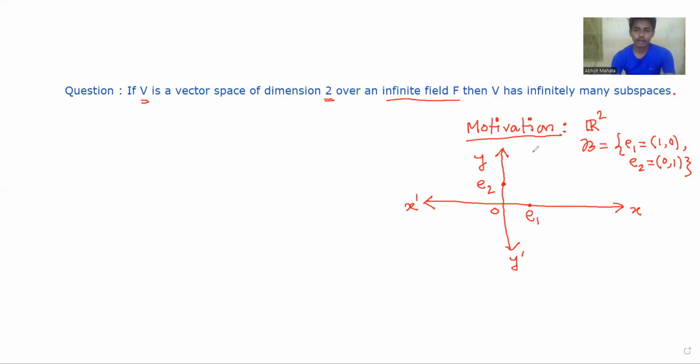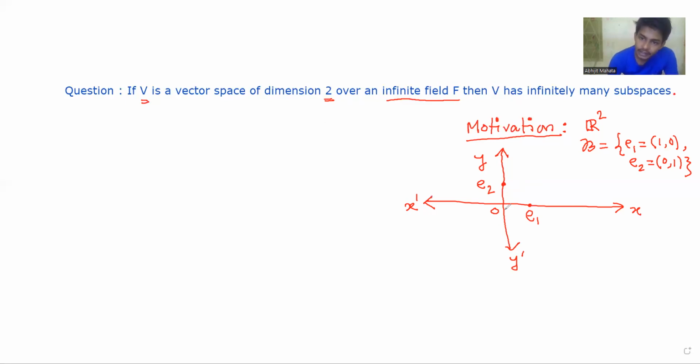Actually, we'll write down the concept of line in V, and the way we want to write it comes from R2. So let's see how there are infinitely many one-dimensional subspaces of R2.